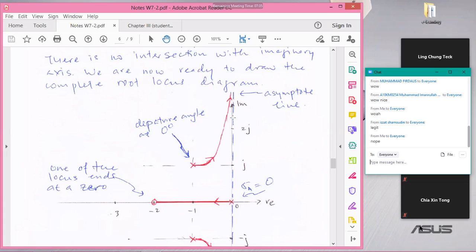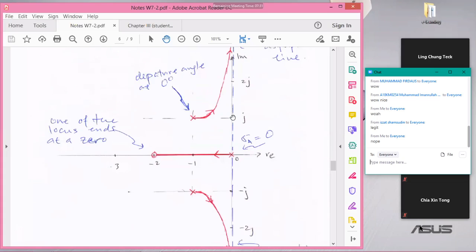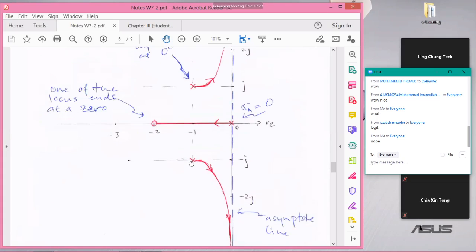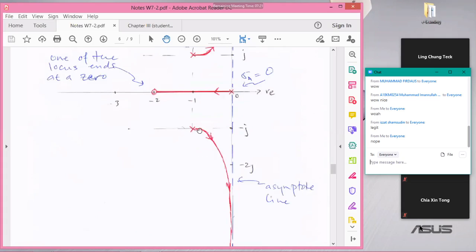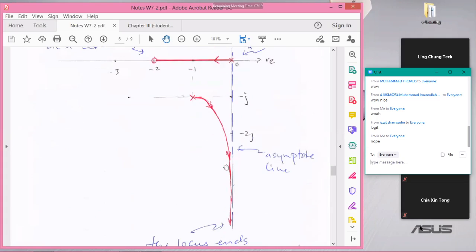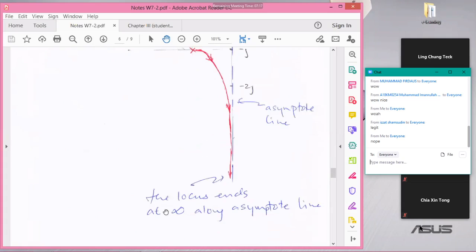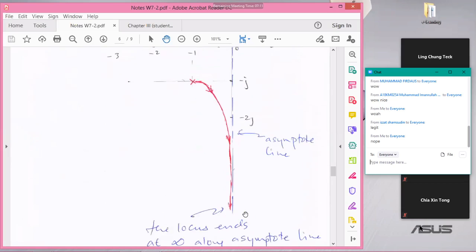And then root locus diagrams are symmetrical about the real axis, so you don't need to compute the second departure angle. This also will go exactly horizontal to the right, and then it will turn down and approach this asymptote line. So this locus will go all the way to infinity along the second asymptote line.